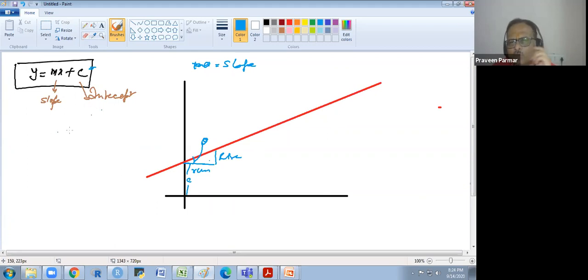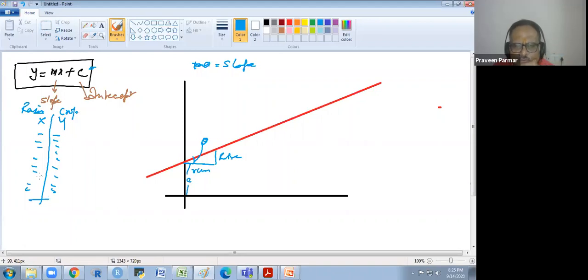So if you have only two variables, x and y, and suppose x is our rain and y is our crop production, and we have a few values, we make the model with these values and then finally predict for future values.